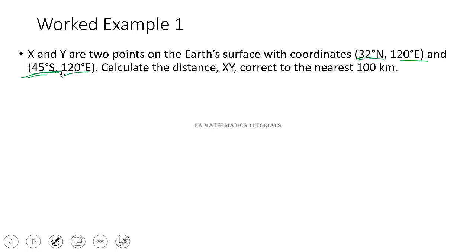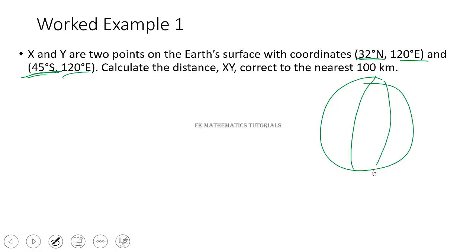So if I sketch this, here we have something like this. 120 degrees east over here. Then we have the latitudes: 32 degrees north. If this is the equator here, then the latitude 32 degrees north will be here, and the latitude 45 degrees south over here.